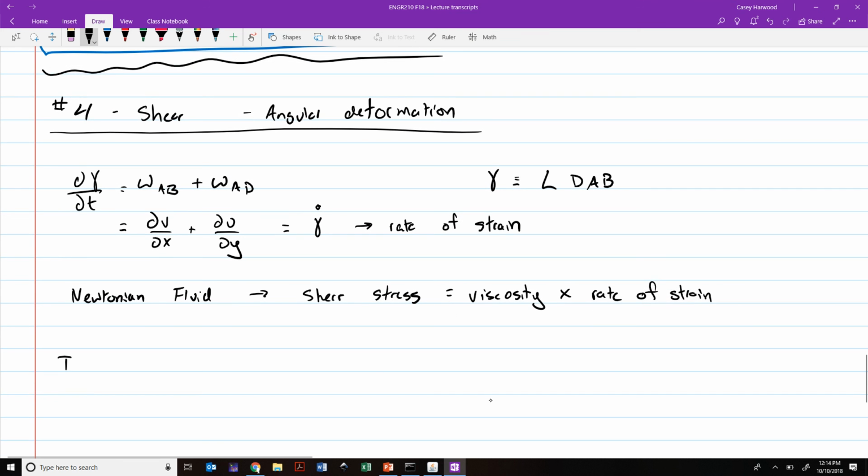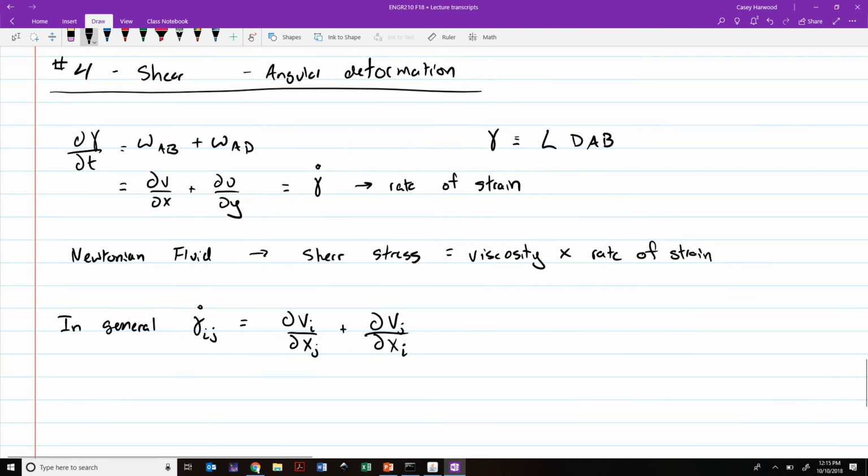So the way we would write this is, in general, gamma dot ij is equal to the i component. So i and j here indicate the components of the respective vectors.